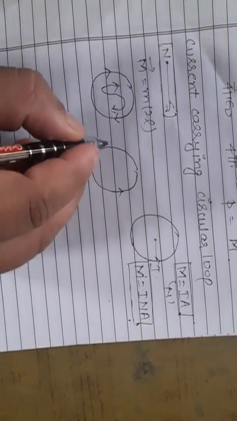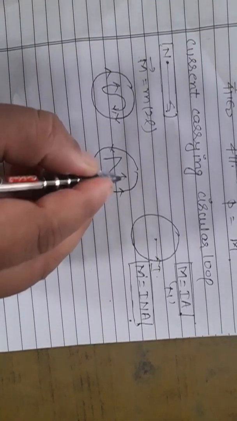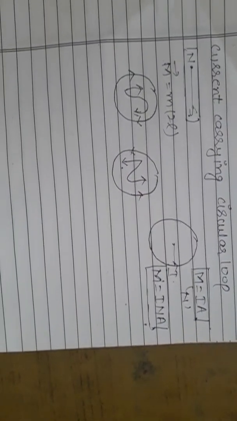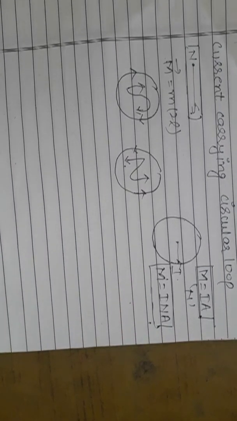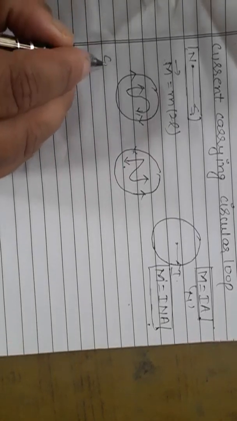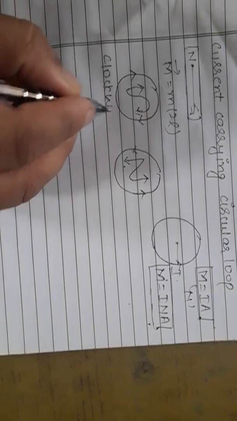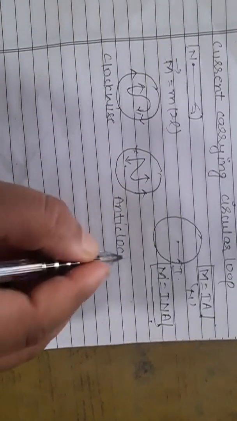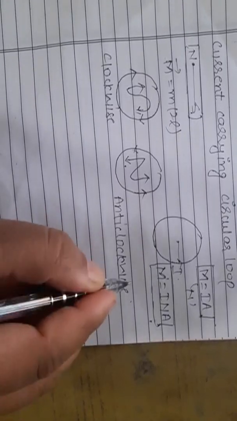If the current is flowing anti-clockwise, then that pole will be the north pole. So this is the method. It's clear? If clockwise, then south pole, and if anti-clockwise, then north pole. So it becomes a magnet.